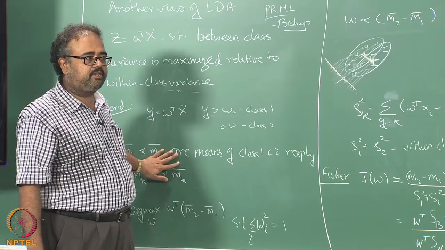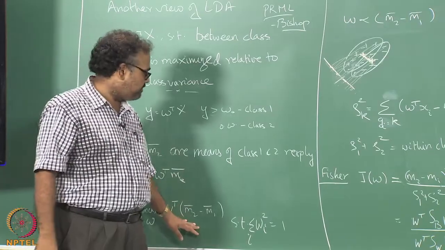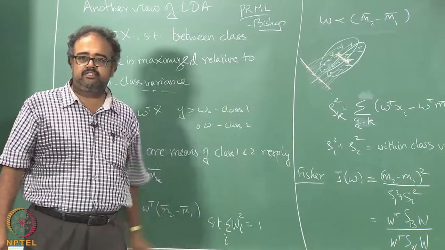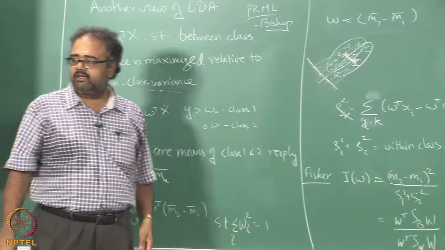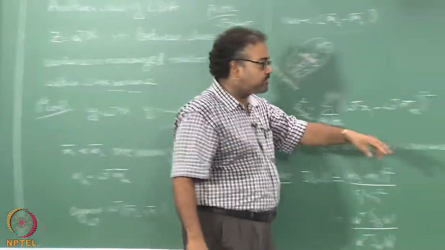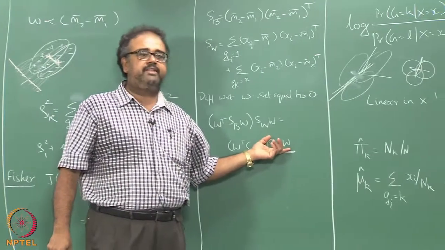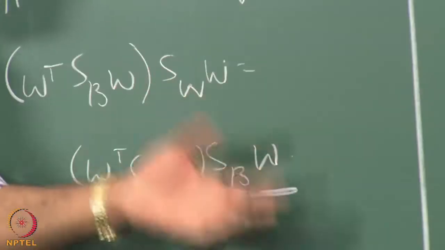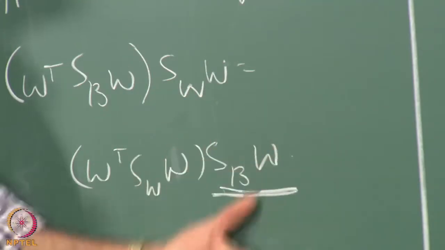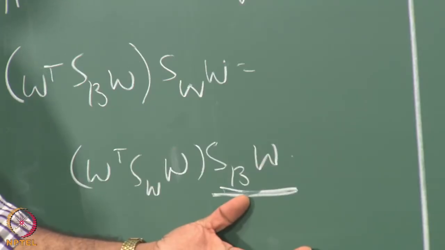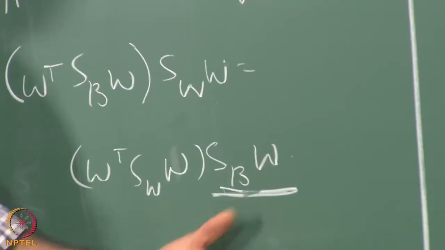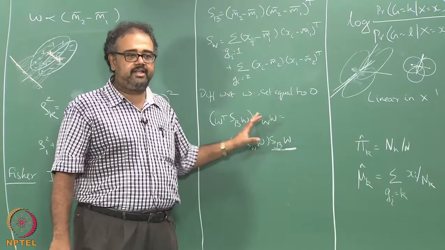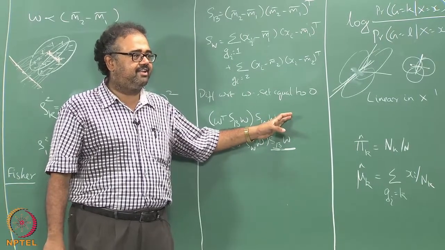When we had the constraint only on the between class variance, we ended up finding out that the solution is going to be in the direction of M2 minus M1, and with a little bit of work you can show that SBW will always be in the direction of M2 minus M1, right. So I can actually drop that and replace that with a vector proportional to m2 minus m1, right. So now it makes our life a lot easier, right. I only have one w left.